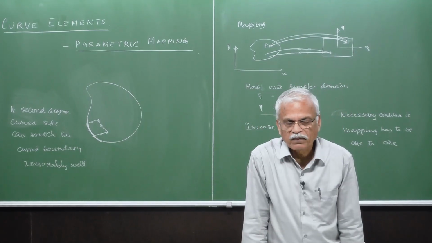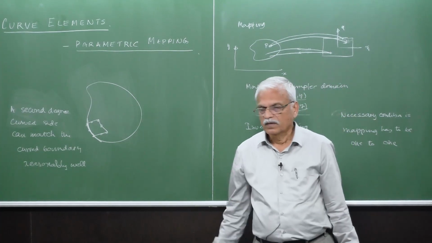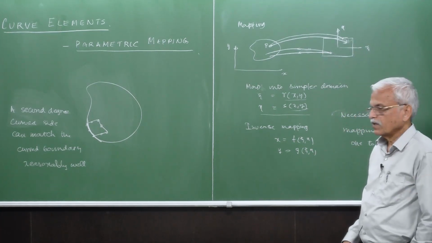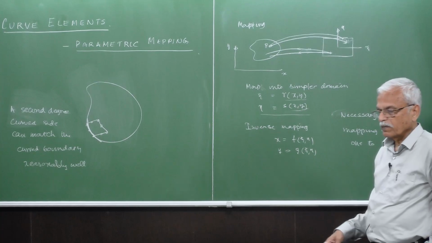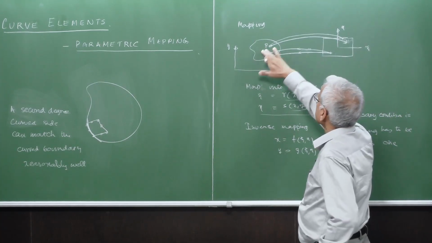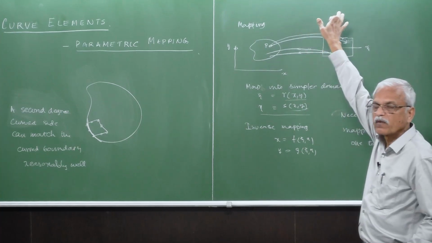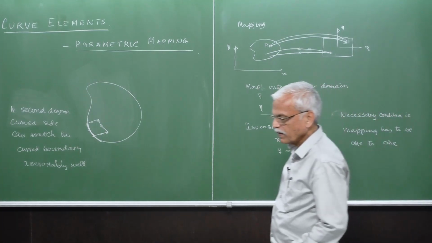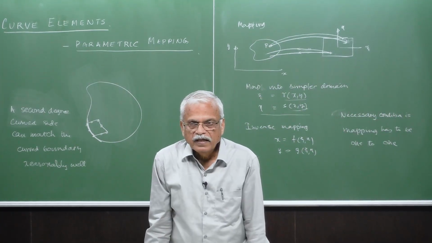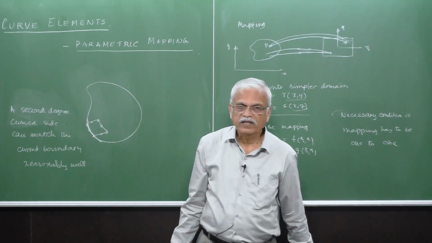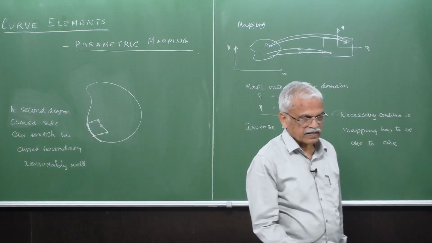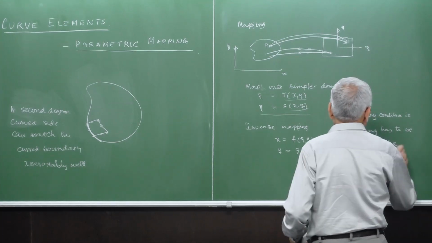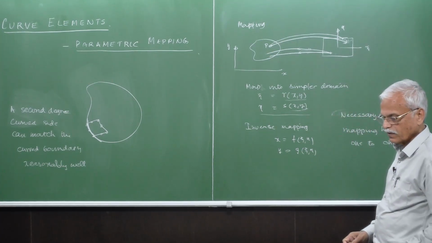This should be avoided for the mapping to be proper. So let's assume that it is 1 to 1 and there is no duplicity, in the sense that one domain cannot be mapped into two domains, or one domain cannot be mapped back into two. This is very, very important, because otherwise it will give rise to a lot of difficulties and inconsistencies as far as the derivatives and the Jacobians are concerned. So now let's assume that it is 1 to 1.